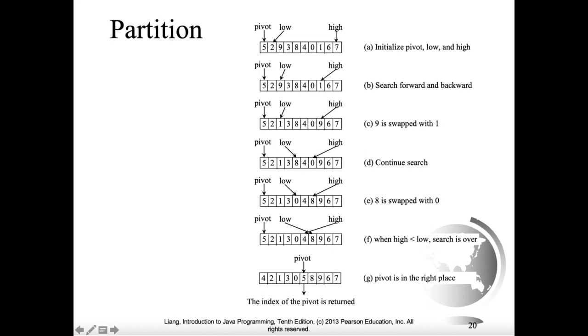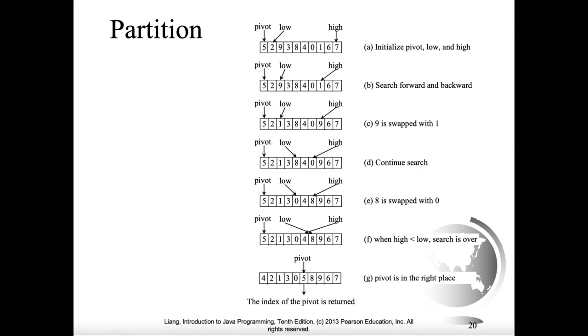So how does partitioning work? We know that we pick the very first element as a pivot. The next element after the pivot, we consider as a low index, and the element at index size -1, the last index, is going to be high.